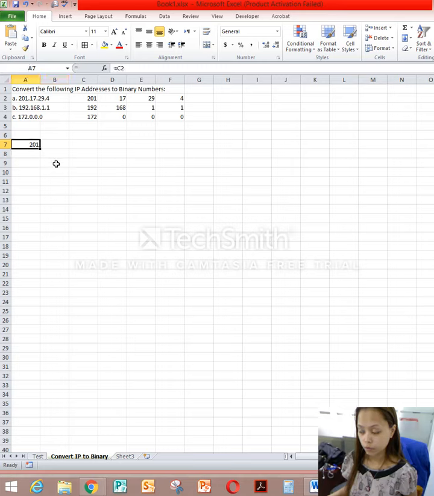In the first part, here, we have to divide 201 with 2, so we can get 100, and the 1 remains, which we are going to write in the middle of this sheet.